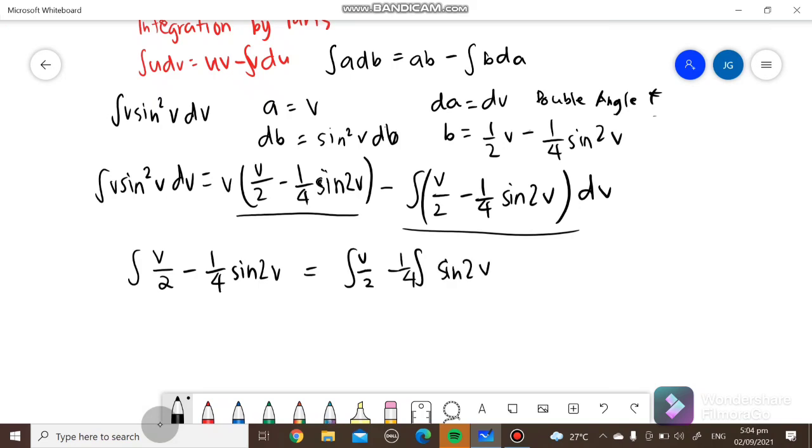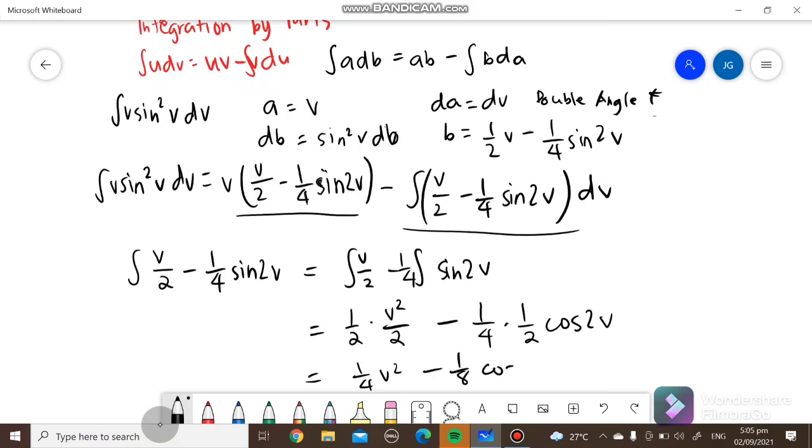So, the integral of this is just 1/2 times v squared over 2. So, magkakaroon ng 1/4. And then minus 1/4 times 1/2 cosine 2v. So, magkakaroon ng 1 over 4 v squared minus 1 over 8 cosine 2v.